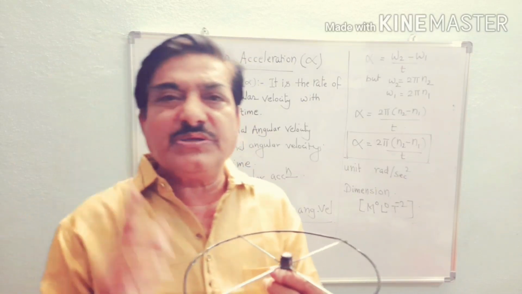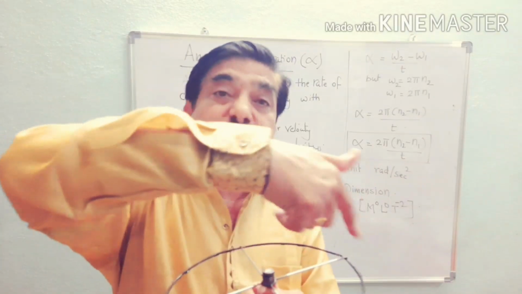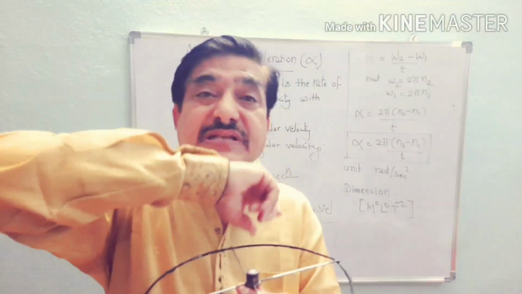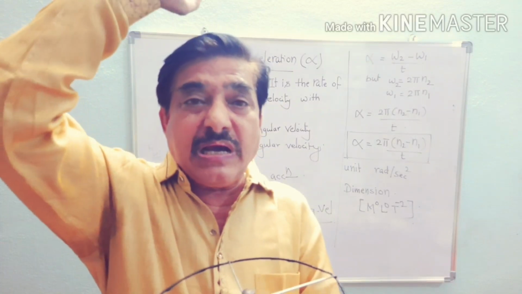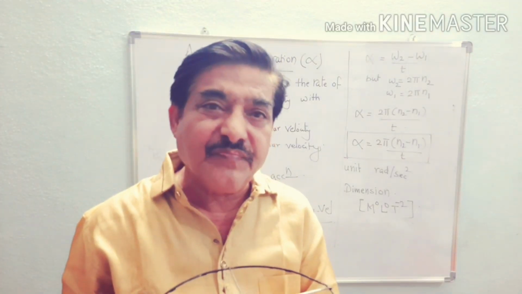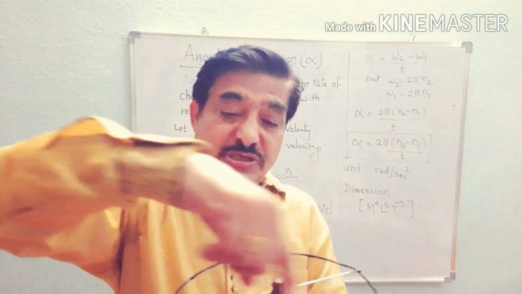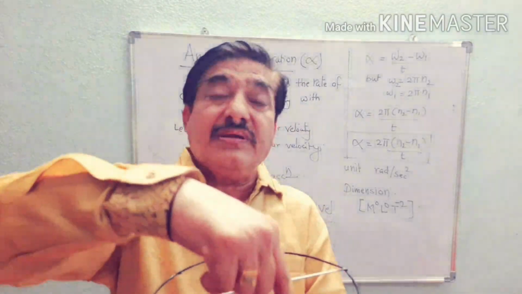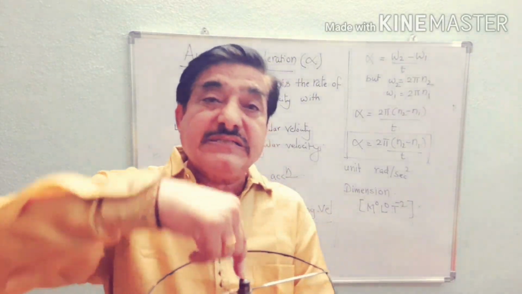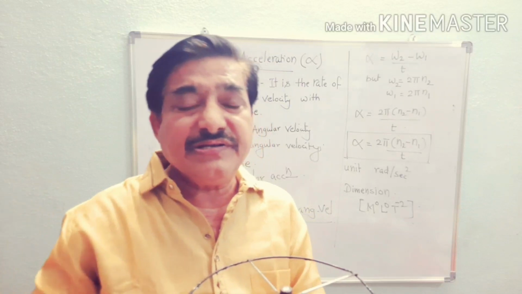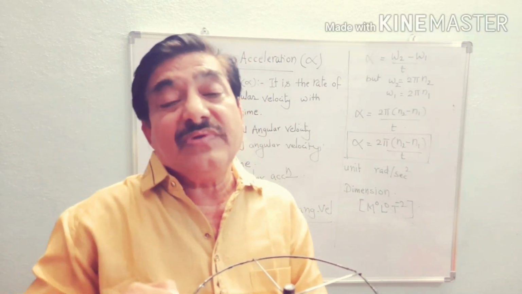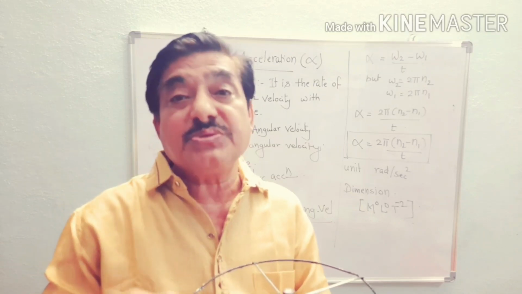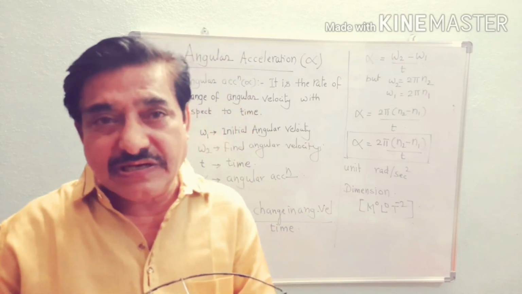So, the sign conventions for angular acceleration alpha are just different from angular velocity and angular displacement. In angular velocity, if circular motion is in an anti-clockwise direction, angular velocity omega is taken as positive and it is in upward direction. When circular motion is in a clockwise direction, angular velocity is taken in a downward direction and it is taken as negative. But these sign conventions are not used for angular acceleration.